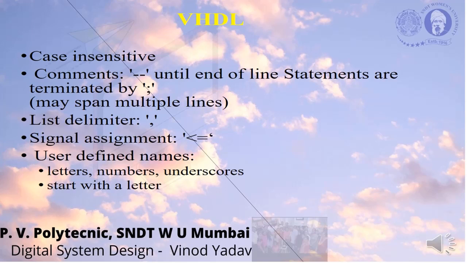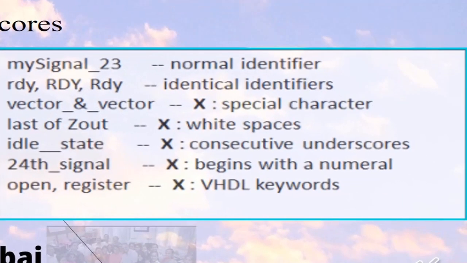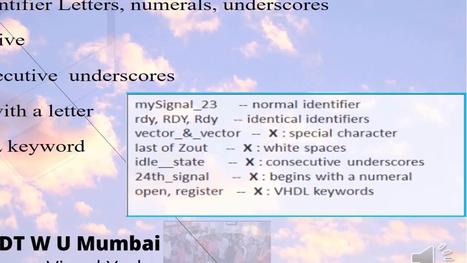Then user defined names: letters, numbers, underscores, starting with a letter. So these are the things available to us. If you want to define anything, you can use letters, numbers, and underscores. Now if you want to use any kind of identifier, as I said, we have to start it with a letter.